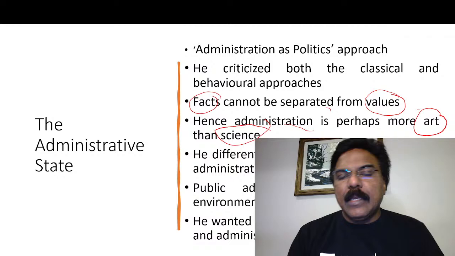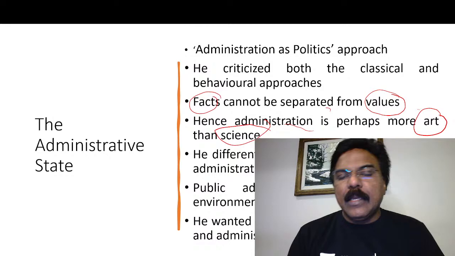Politicians can say so many things, but the bureaucrats who implement stuff, he started understanding the difficulties faced by the bureaucrat. So he had empathy for administrators. He started identifying himself more with public administration after his experience as a bureaucrat. So a complete shift from political theory to public administration, right?